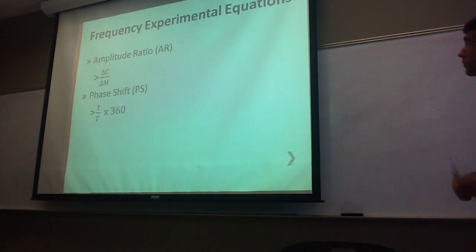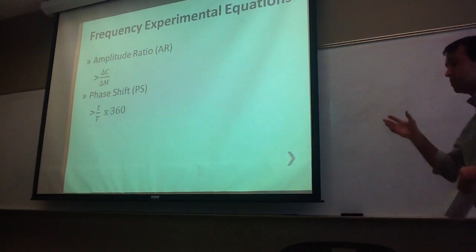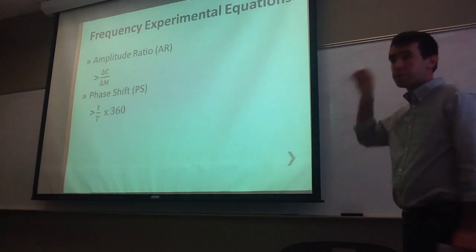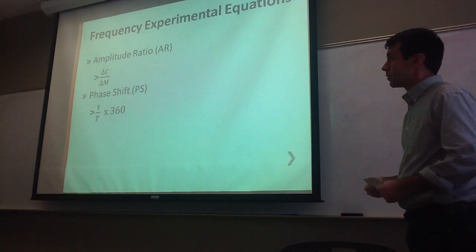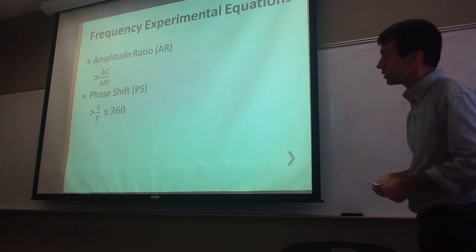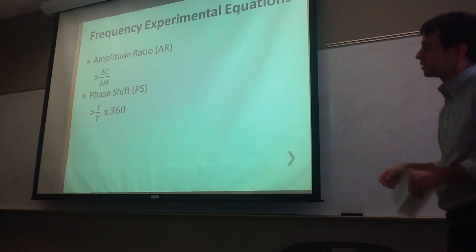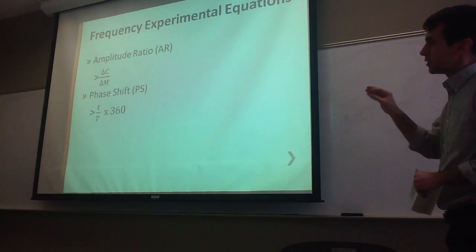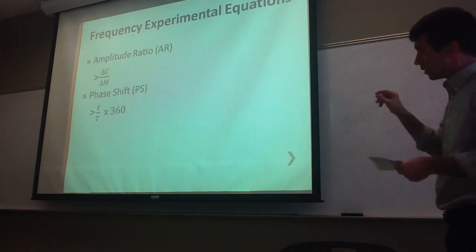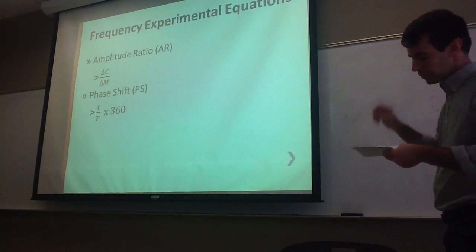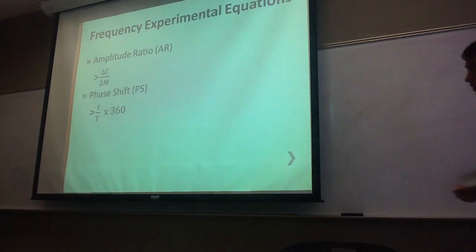Okay, and the equations used for the experimental data were amplitude ratio, delta C over delta M, and the phase shift was the difference in the sine peaks over the period of the sine times 360.